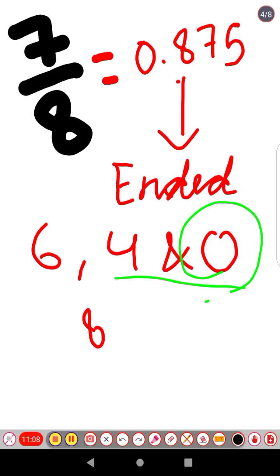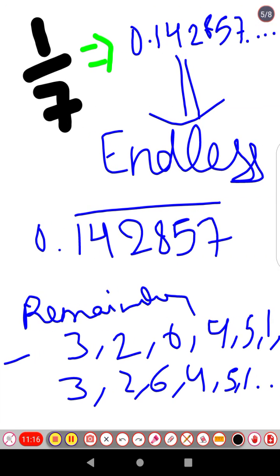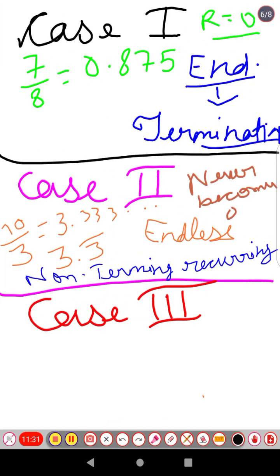It stops at a certain stage. It means it is a rational number because it is terminating. And here 1 by 7 is 0.142857 bar. It means 142857 is repeating. So we can say it is also a rational number and it is a non-terminating recurring rational number.